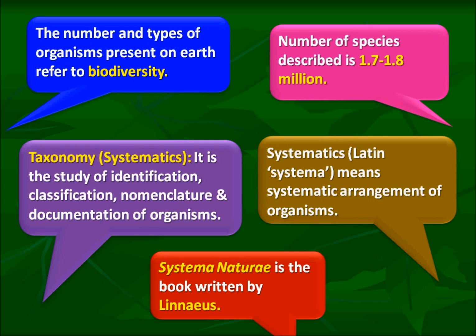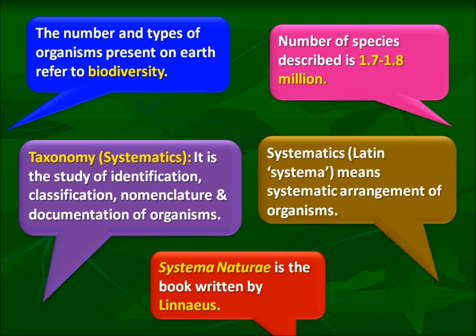Now there is a book known as Systema Naturae. So it is a book written by Carolus Linnaeus. And systematics is taken from a Latin word known as systema, which means systematic arrangement of organisms.